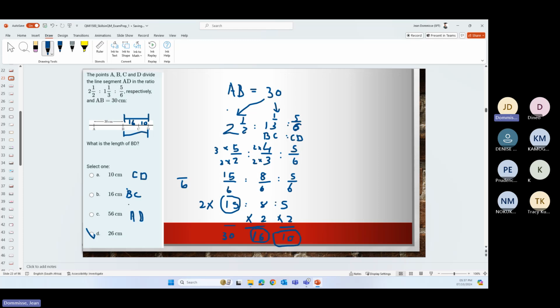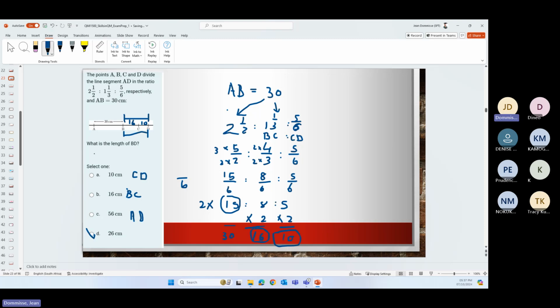But you can see basically they could have asked for any of the others. So they basically made sure that you need to know which one, but there's an option for CD, there's an option for BC, and the option for AD. So they could have asked you any one of those different ones.